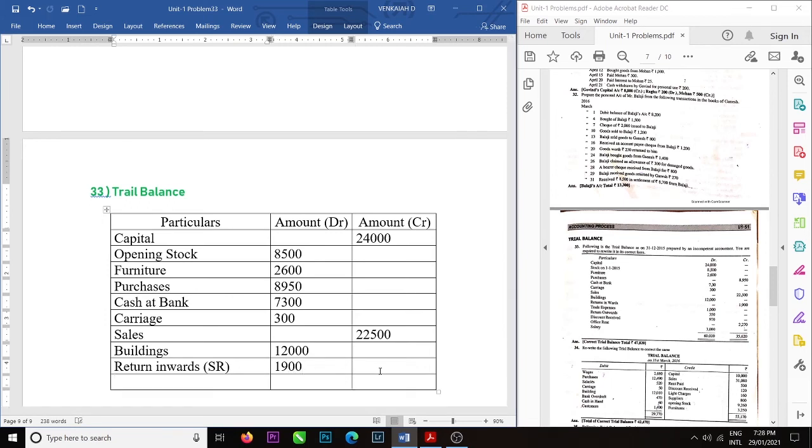Returns outwards means we returned goods, which is nothing but purchase returns. Trade expenses: all expenses are debit.